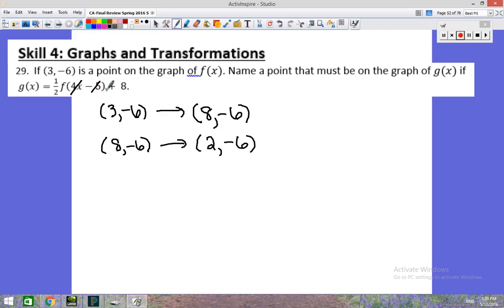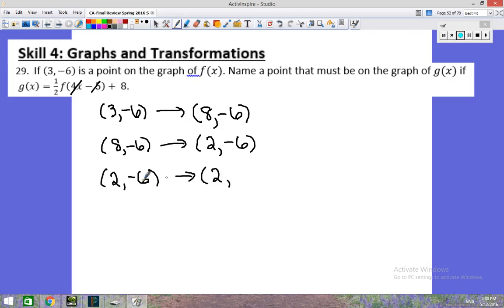These following transformations are going to affect this -6, this y-coordinate. So we've got 2, -6. And this 1/2 we need to do before we add 8. The 1/2 is a vertical shrink. It's like you expect. You take half of the y value, exactly like it says.